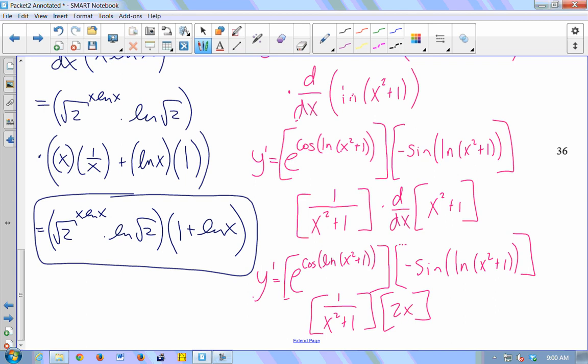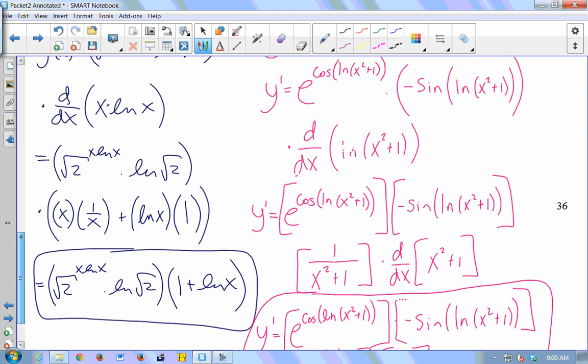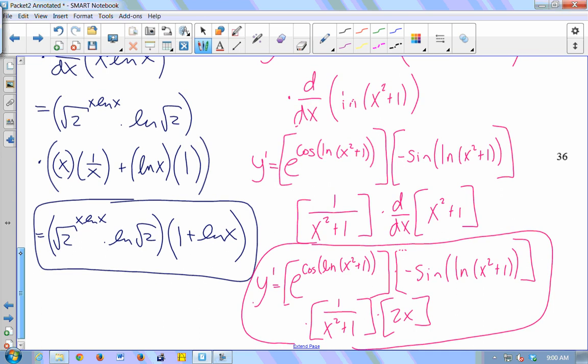That's all multiplication. So it was a composition of 4 functions, so we had to use the chain rule 3 times.